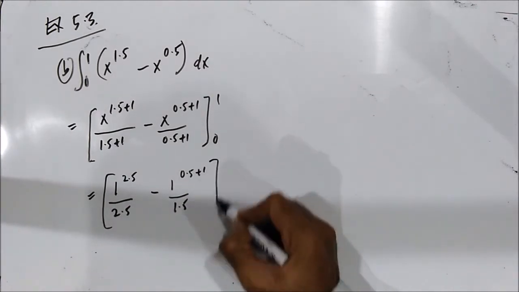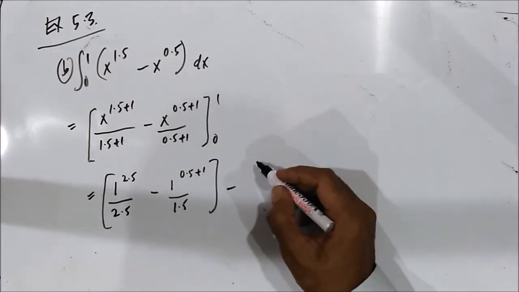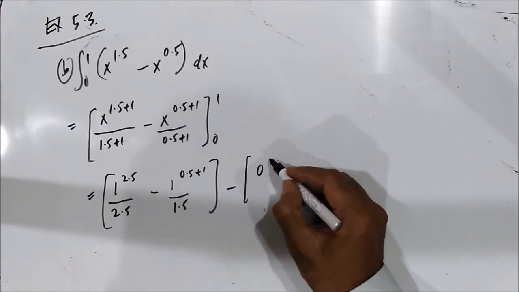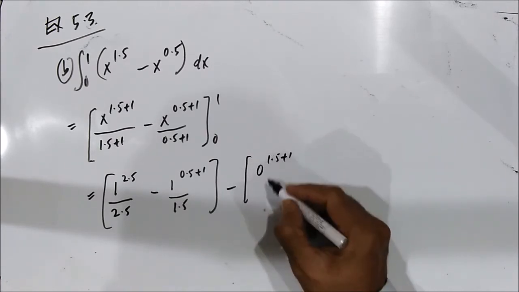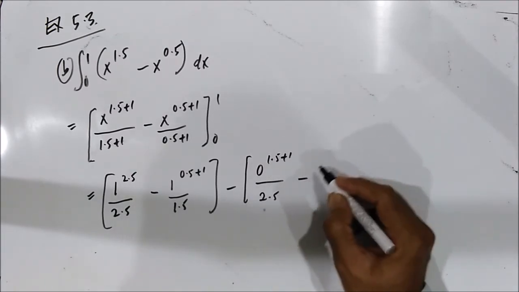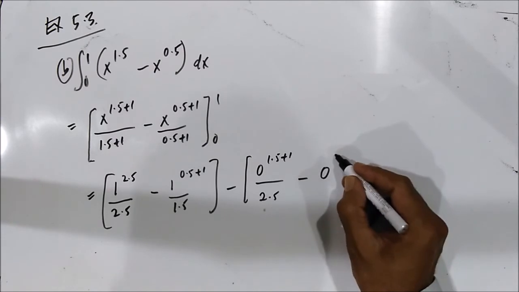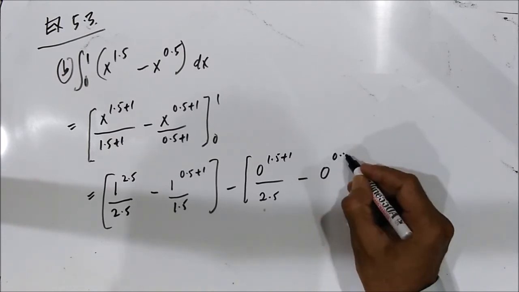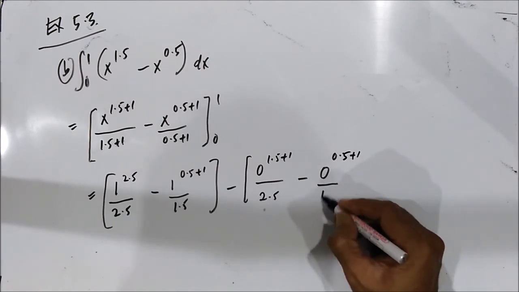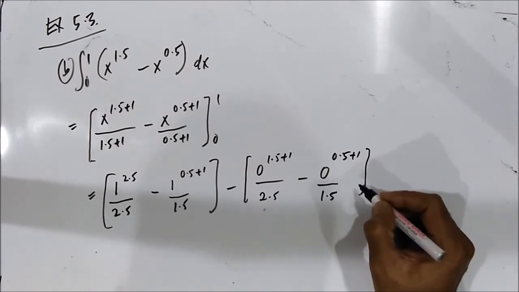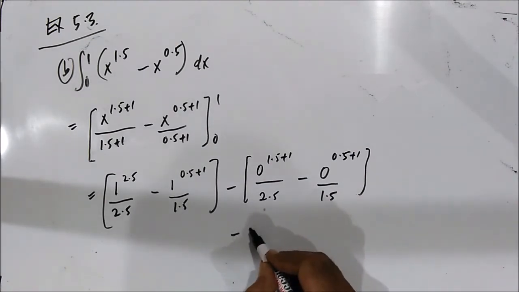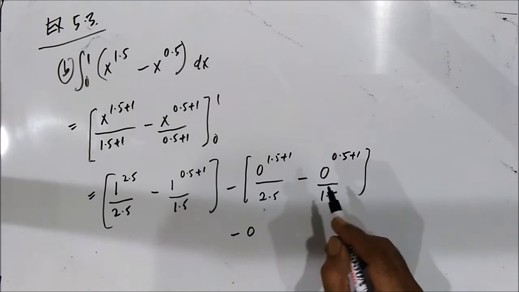Then minus, you substitute for 0: 0 raised 1.5 plus 1 over 2.5 minus 0 power 0.5 plus 1 over 1.5. So this part is equal to 0. This thing is equal to 0.